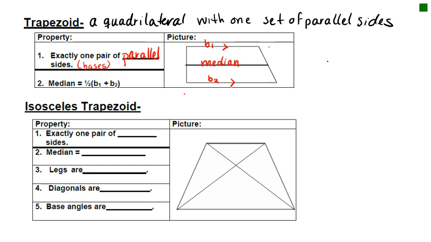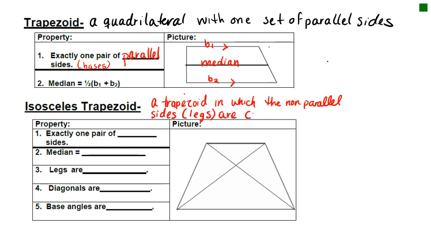Now there's a special type of trapezoid called an isosceles trapezoid. It is a trapezoid in which the non-parallel sides, which we could call the legs, are congruent.